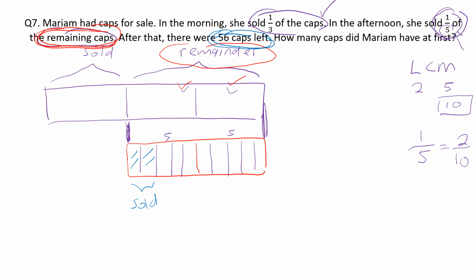Now look closely. What is the remaining left behind? These are the units. Count for me. How many units are there? Let's count it together: 1, 2, 3, 4, 5, 6, 7, 8. 8 units. So I was left with 8 units, and that gives me 56. 1 unit, how many? 56 divided by 8, I'll get 7.